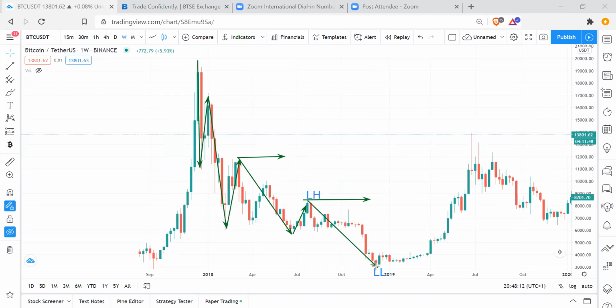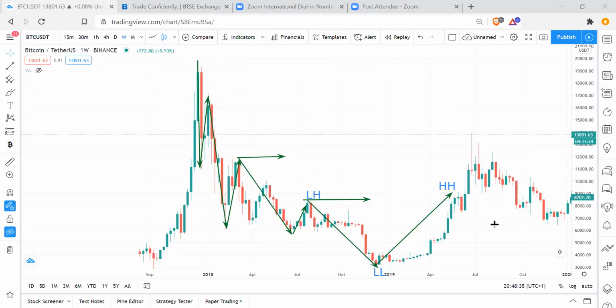So what happened? Market pushed to the upside. This lower high was breached, meaning that what we have next, is it a lower high? No. It is higher than the previous high and the previous lower high. So it is a higher high. We now have a higher high over here.